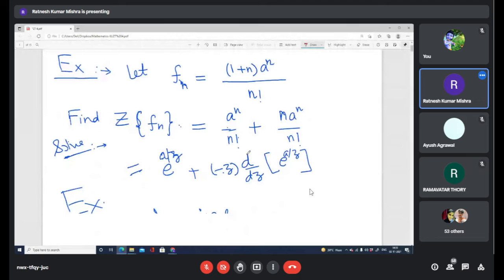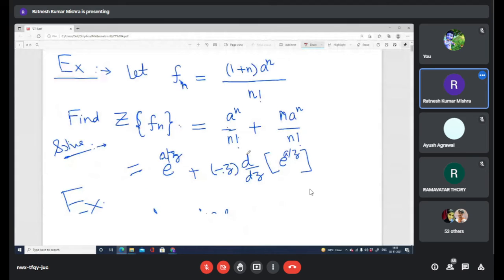From this, if you find the sequence f(n), apply the inverse Z transform on both sides.